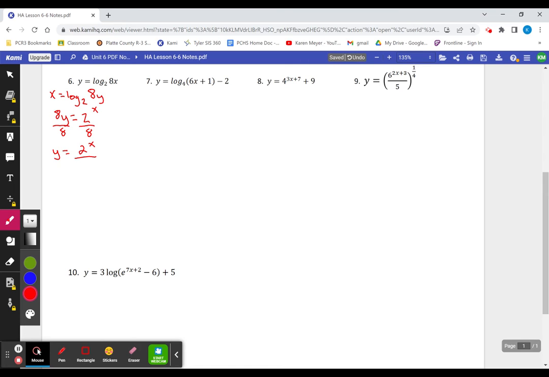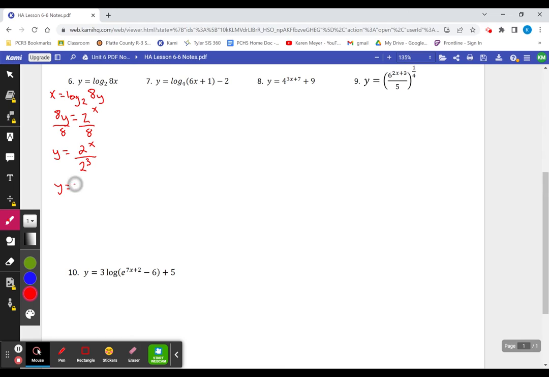I'm going to think, can I make my base numbers the same? So on top, it's 2 raised to the x. So I want to think on the bottom, can I go 2 raised to a number that will give me 8? And yes, you can. You would say, oh, that is 2 to the 3rd power, because 2 to the 3rd power is 8. And then you're going to remember your exponent rules that say, if I have the same base, which I do on top and bottom, they're both 2s, and I am dividing, what do I do with my exponents?